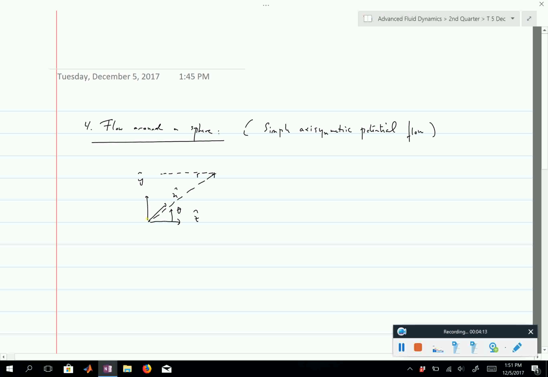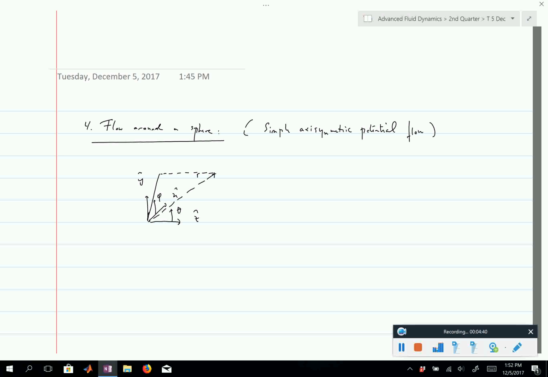It could be anywhere in the xy plane once you project it. Right. And this angle here is the angle phi. And we're assuming everything to be independent of phi. So our axis of axisymmetry is z, and therefore we don't have a flow in the circumferential direction. Okay? Is that geometry clear?